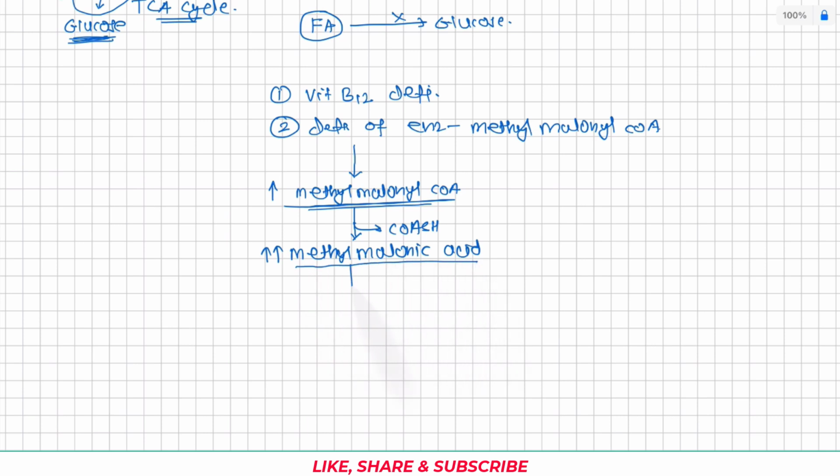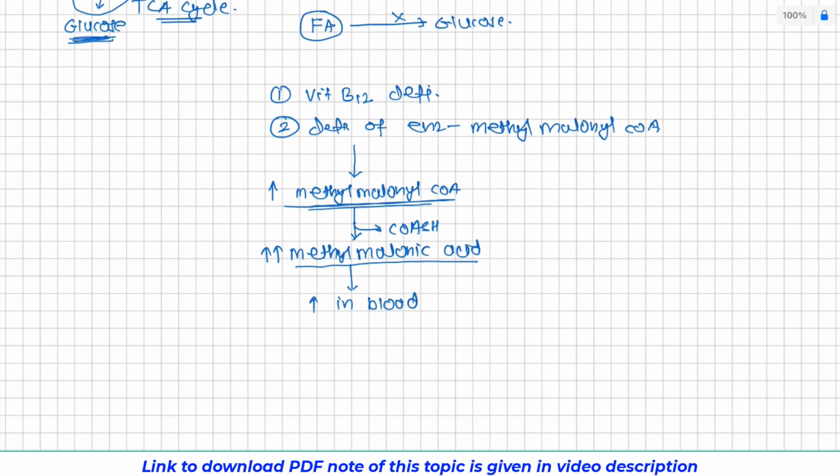Now this first increases in the blood, and when anything increases in concentration in blood, we generally use the suffix -emia. So this condition in which our blood contains more methylmalonic acid, we call a methylmalonic acidemia. And if it increases in the blood, then eventually it leads to increased excretion in urine also.